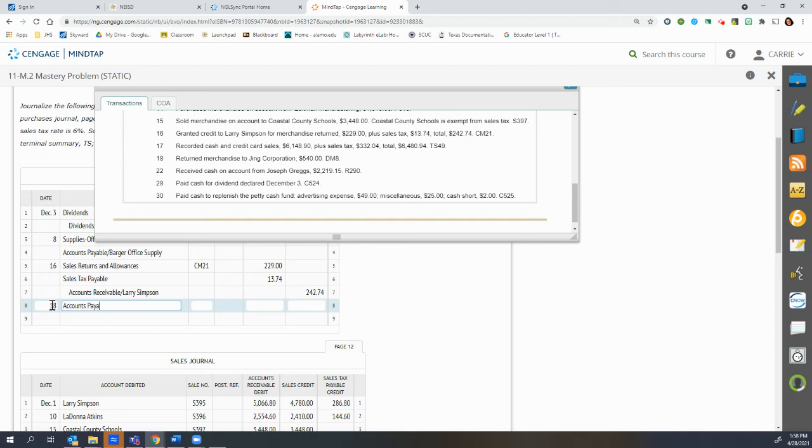We're going to debit accounts payable to reduce our amount we owe them. Jean Corporation. And it's R290, which is for $540. And this is for purchases, returns, and allowances.